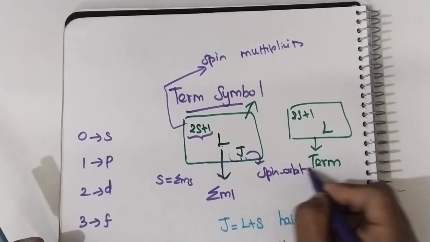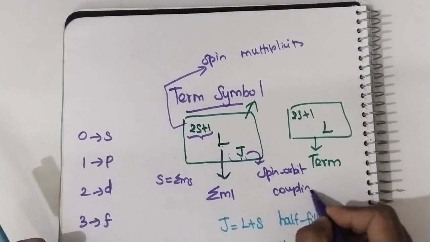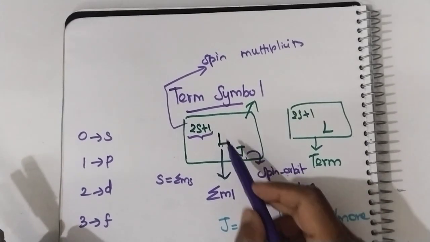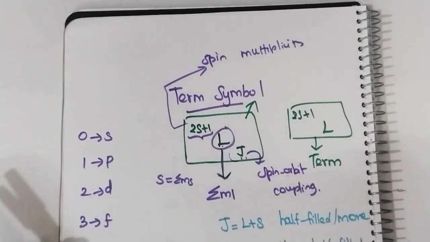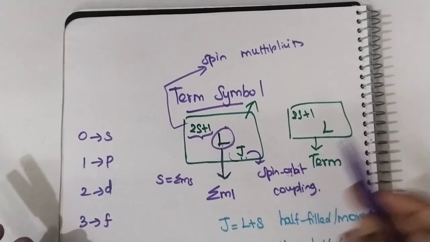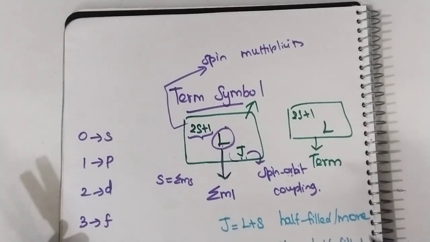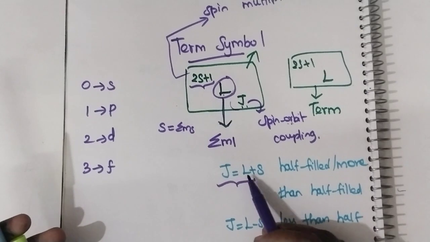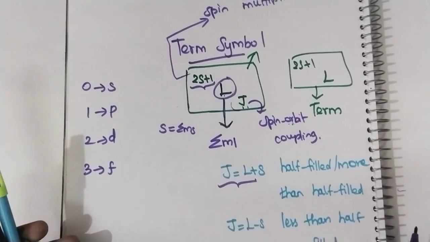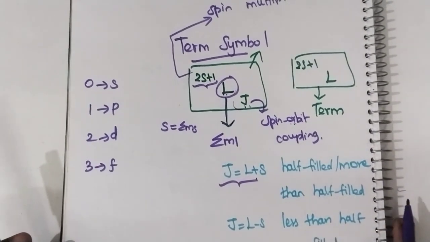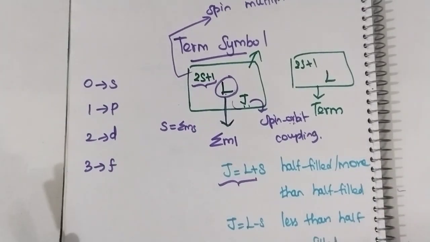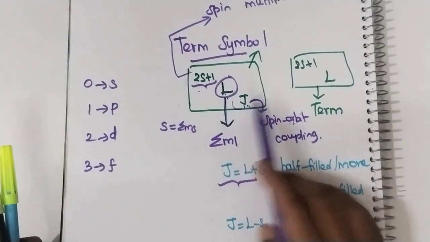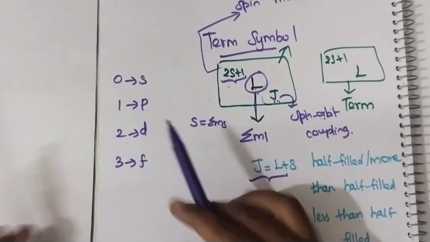Orbit means orbital angular momentum, that is L, and spin is S, hence it is known as L plus S coupling or spin orbit coupling. J is nothing but spin orbit coupling. These are all the basics you should know. So term symbol is nothing but 2S plus 1, L, J.